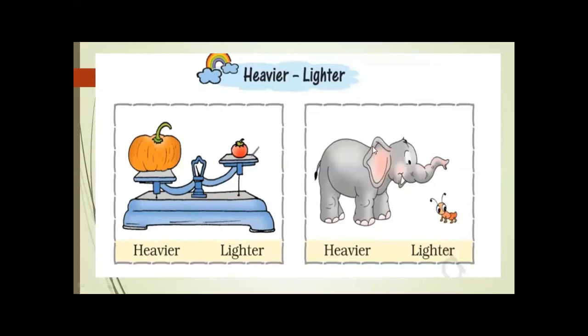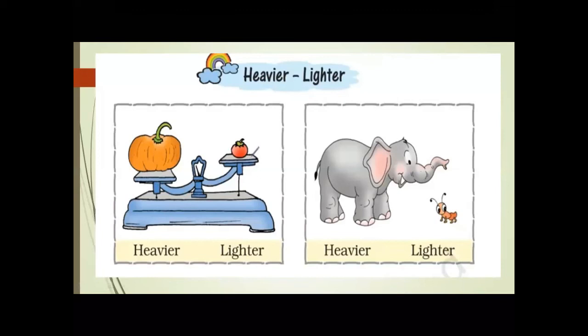Obviously, the elephant is heavy, so it is called heavier. And the ant is light, so it is called lighter. So the ant is lighter than the elephant, and the elephant is heavier than the ant. I hope you have all understood very clearly.